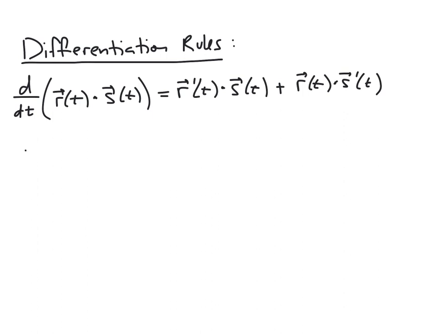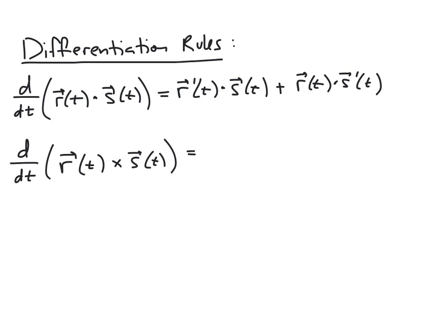Now the cross product derivative works exactly the same way, but this one we have to pay attention to the order that we put the functions in. We know for the dot product, whether we did r prime dot s or s dot r prime, it doesn't really matter. They're the same thing, but we know for the cross product, the order matters.